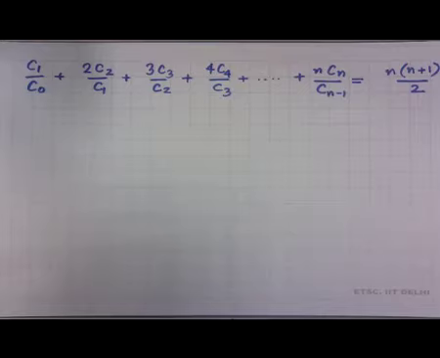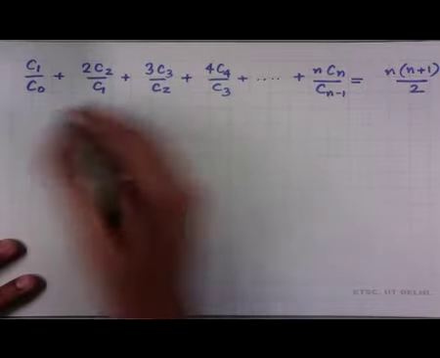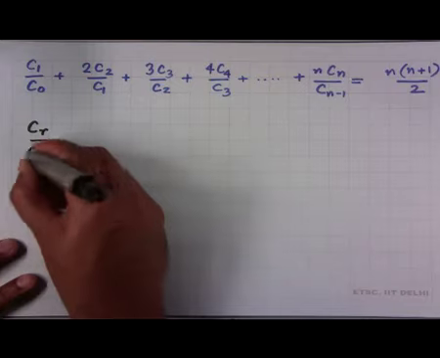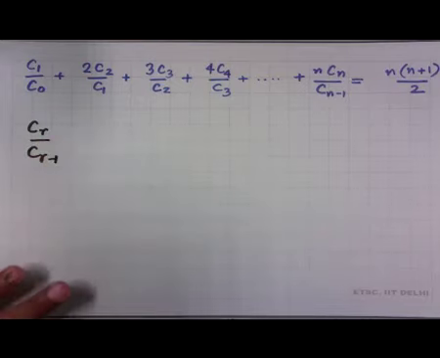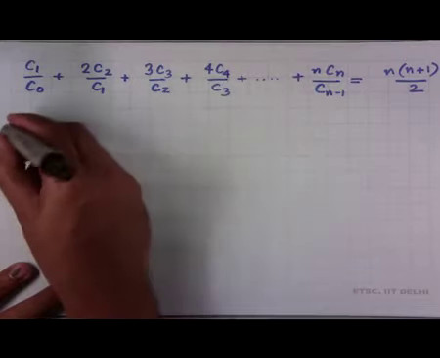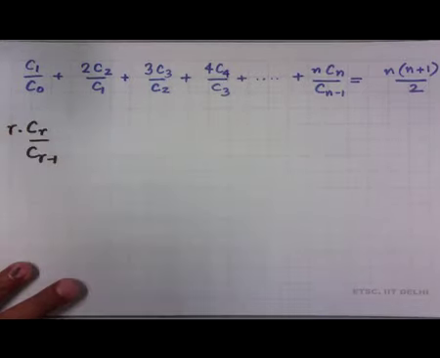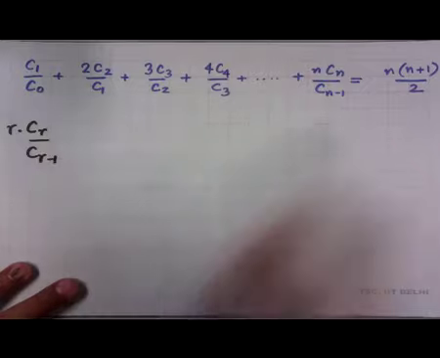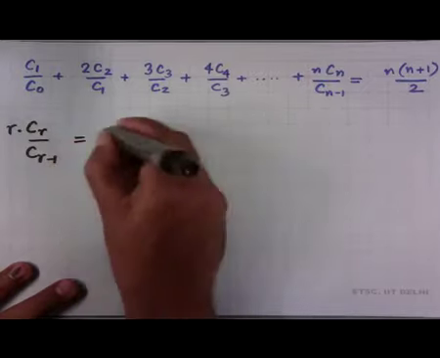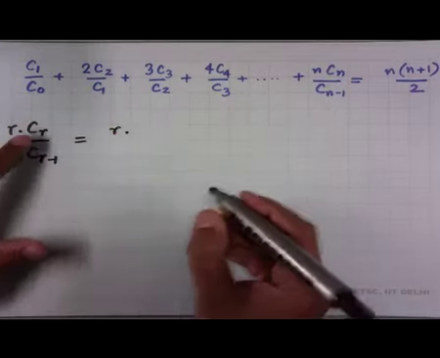Let us see. If I look at, let us say, CR by CR minus 1, what is that equal to? Oh, by the way, this is not C, this is r times CR by CR minus 1, that is the rth term in this series. What is CR?